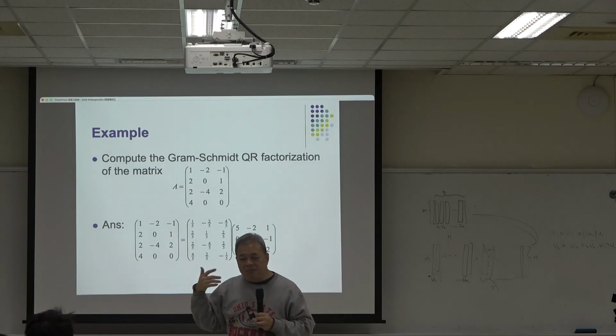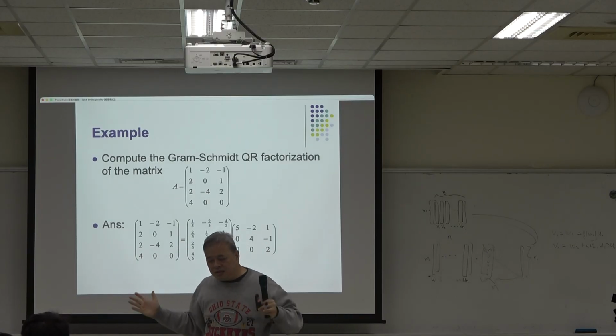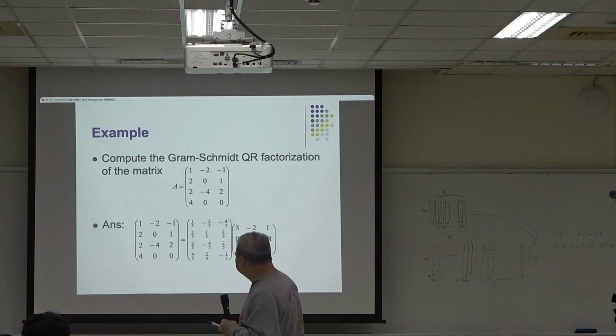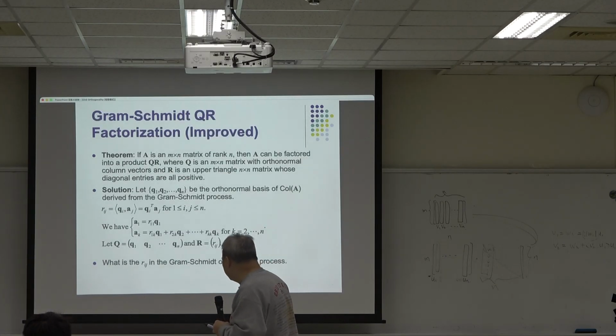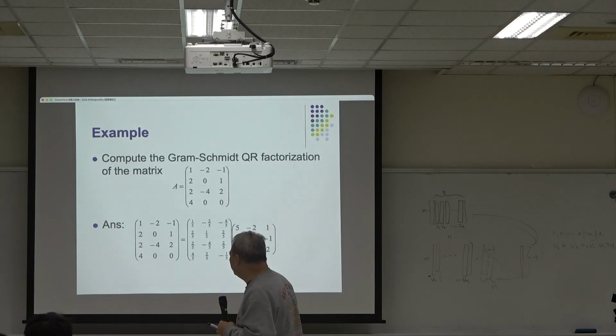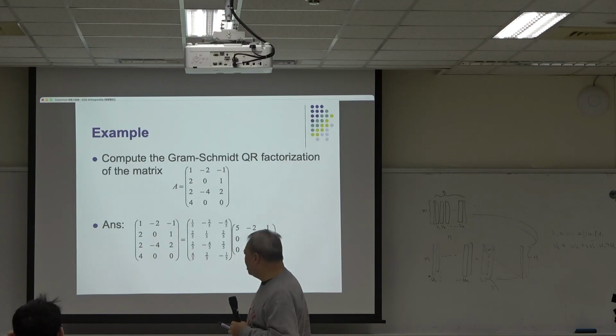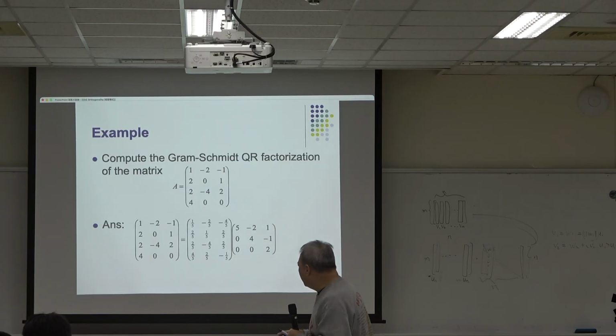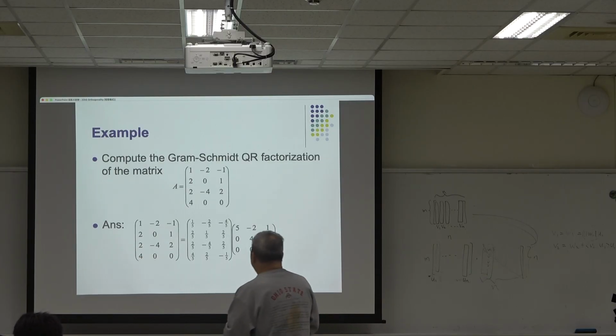Basically, this decomposition just means that you write the Gram-Schmidt orthonormalization process in matrix form. So you get a factorization of the matrix. Okay, that's probably about it.